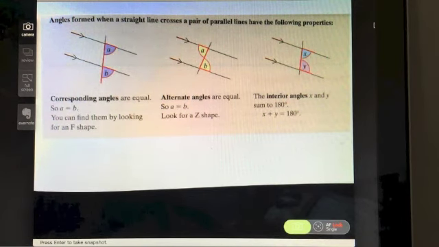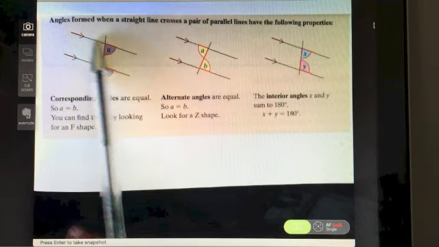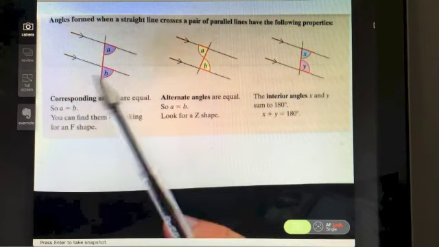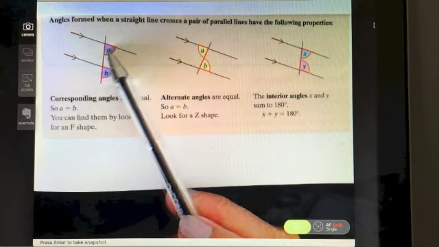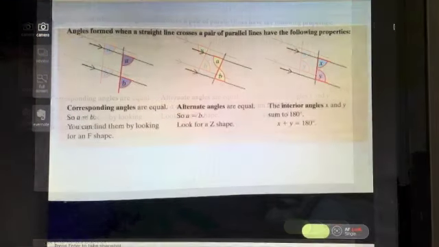Now that F shape could be a forwards F like it is here, but it could be a backwards F shape, an upside down F shape, an upside down backwards F shape. So any way at all that you can make that F, any orientation of the letter F, the two angles in the corners, underneath the corners if you like, are the ones that are always equal.